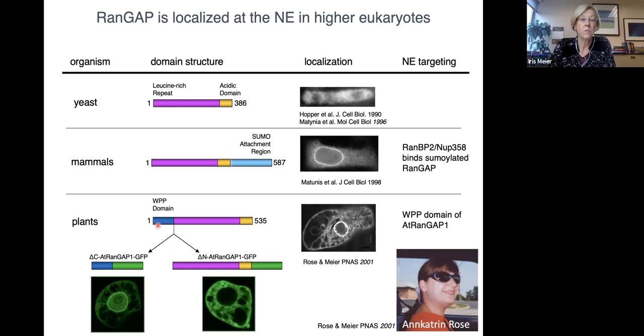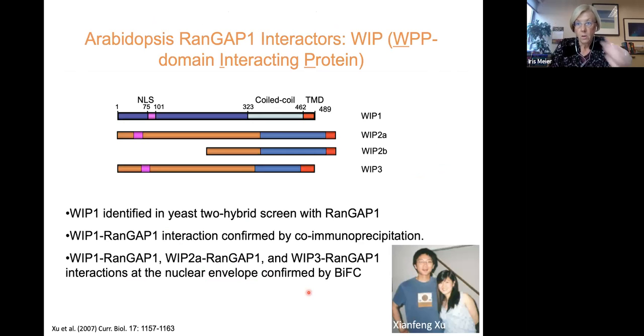If plants have evolved a whole different mechanism for doing this, then that must mean something, right? And most likely it means that the docking station for these molecules must be different in plants. So whatever this is, it is not available. The way this works might not work in plants. Something else has evolved here that provides for the same mechanism. What is that something? So we went about trying to find what the interactors of the WPP domain are.